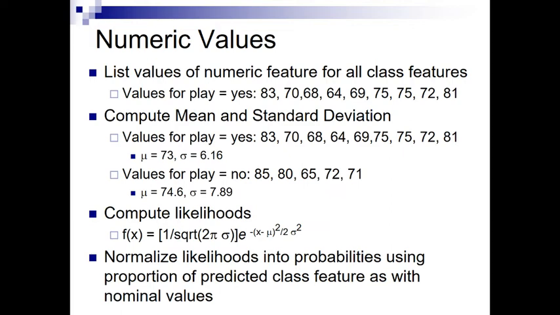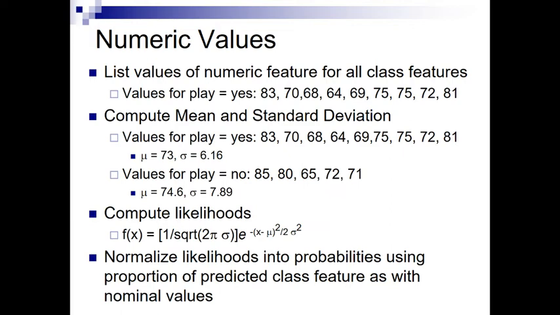And for no, we have another set, and it has a mean and a standard deviation. Now we can take this formula that you see that's derived from the formula for the normal distribution that takes the mean and the standard deviation and the number that you see and turns it into a probability. Then you can get that conditional probability.